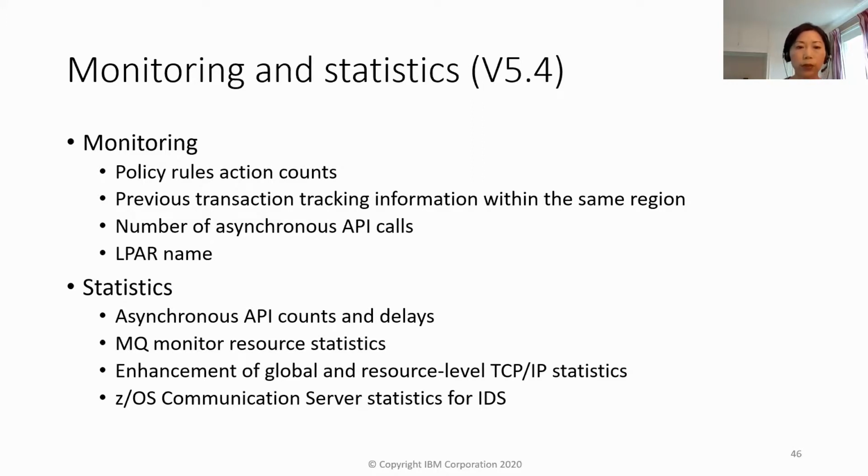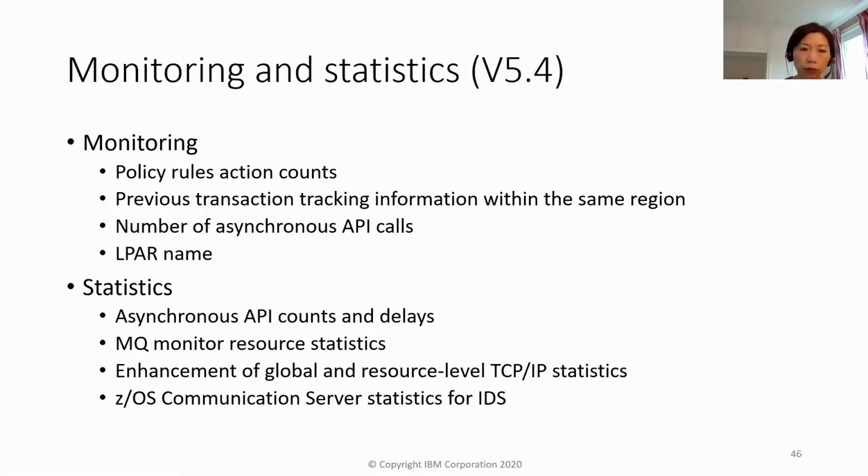We also provided what we call previous transaction tracking information within the same region. So transaction tracking is about, if you have 3 different regions, TOR, AOR, or FOR, we already have transaction tracking to see a task going from the TOR, then starting another task in AOR and in FOR, using a previous transaction tracking information section in this tracking data.